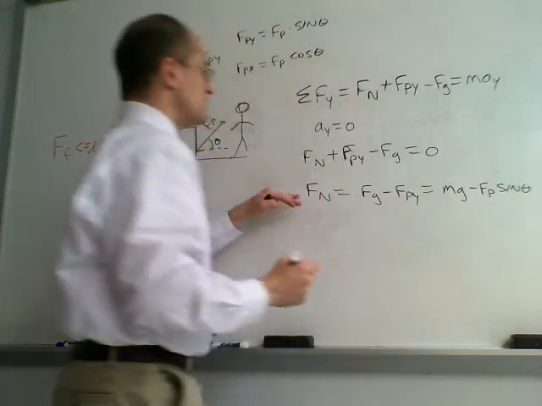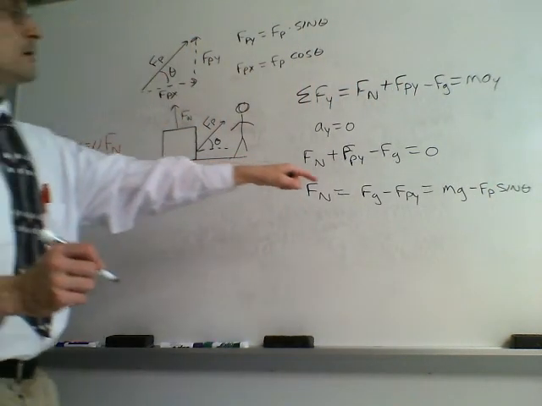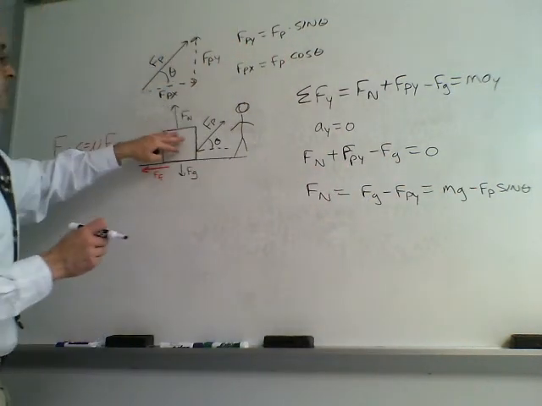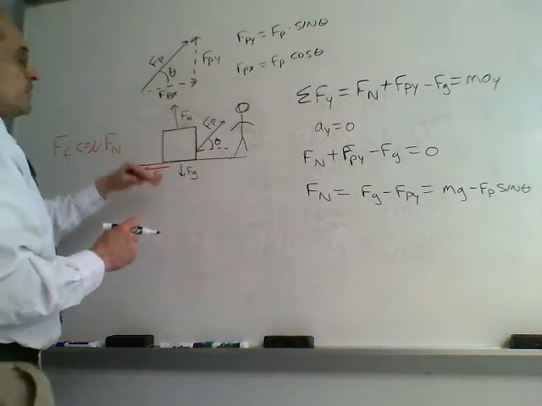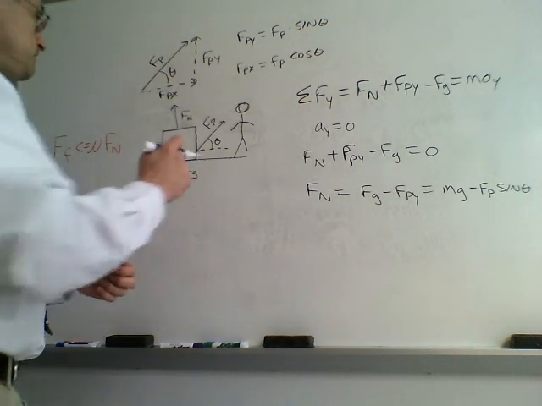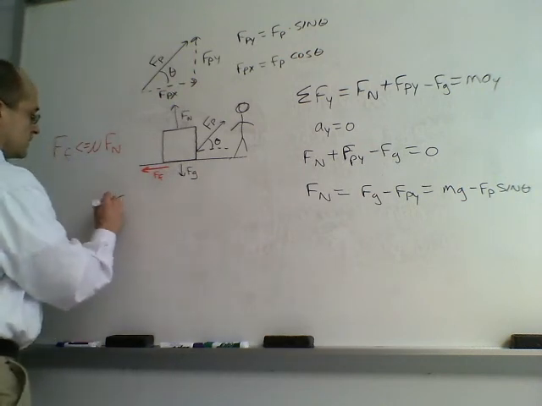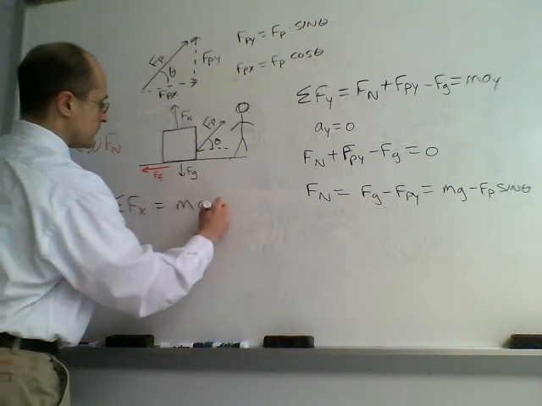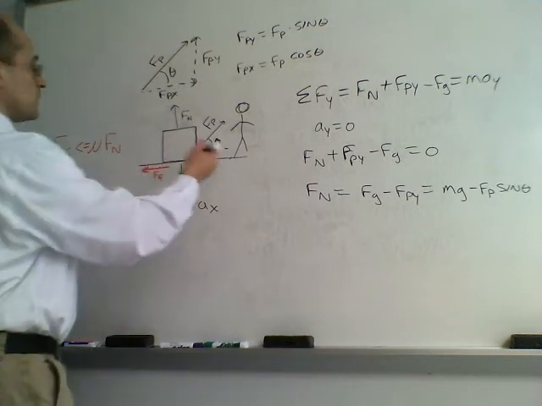So the normal force isn't working as hard this time, because by pulling up on the box, we're reducing how much weight the normal force has to provide to match the box. Now let's look at the sum of the forces in the x, which gives us max.